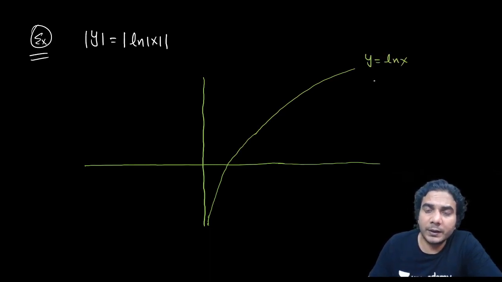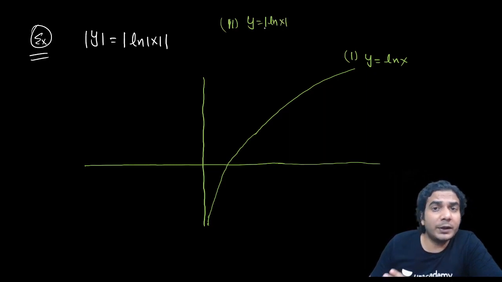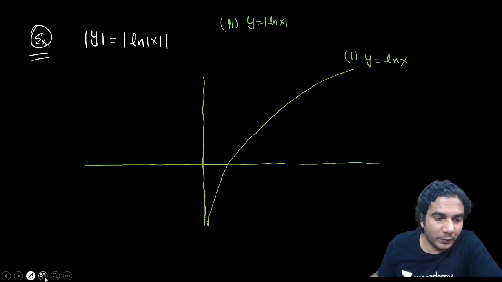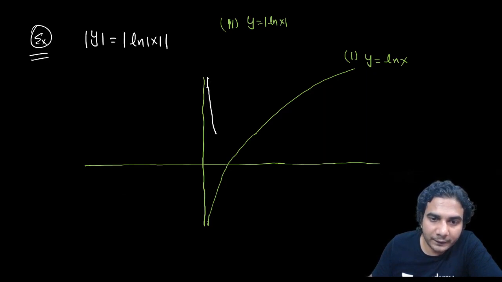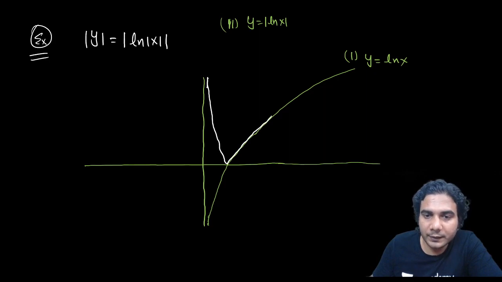Now first we are plotting the graph, you can do any transformation first. Second step is plotting the graph of y is equal to ln of mod of ln x. I'm putting the mod on f(x). So when you put the mod on f(x), this graph will come up, and this will remain the same, right? So this is the second graph.